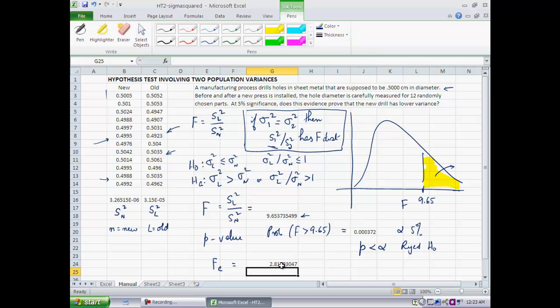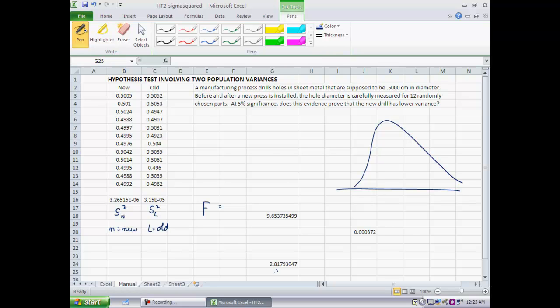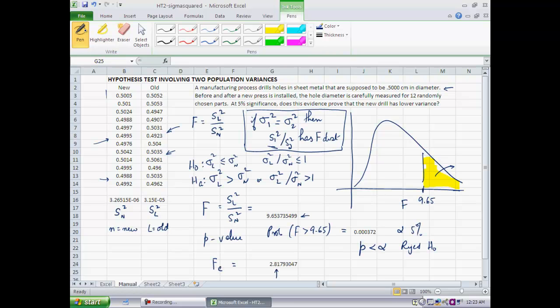What does that mean? It means that if I'm willing to accept a 5% chance of making a type 1 error, then any F statistic that is higher than 2.81, I would consider extreme enough not to have happened purely by chance. And my sample is telling me that the F value is 9.65. That's what I got from the sample.